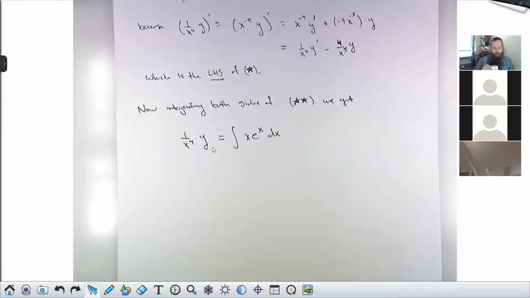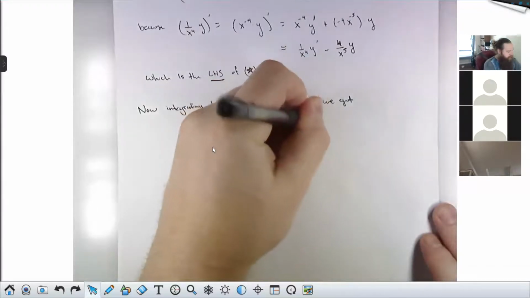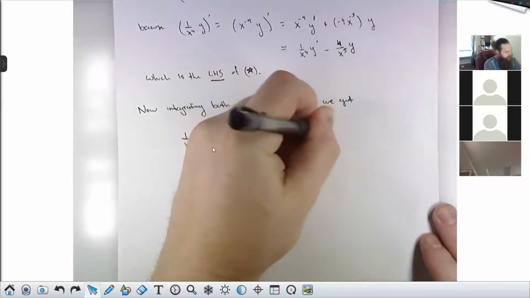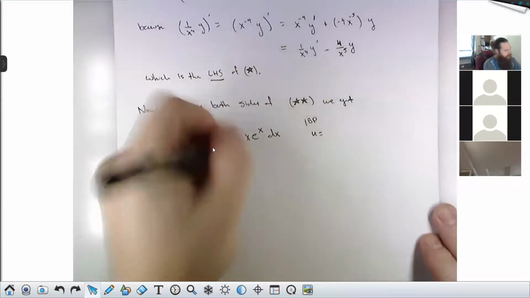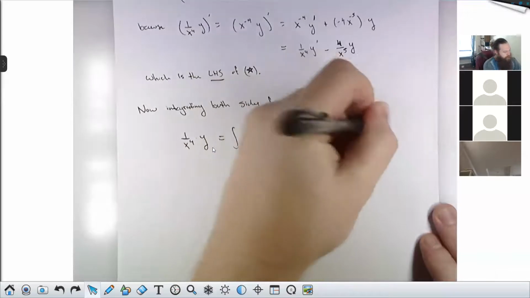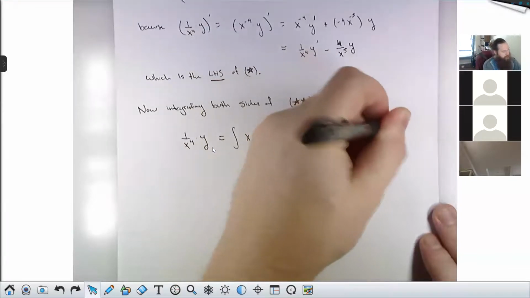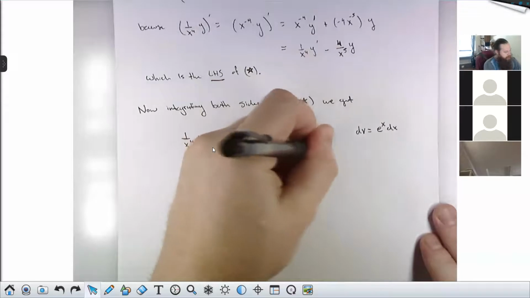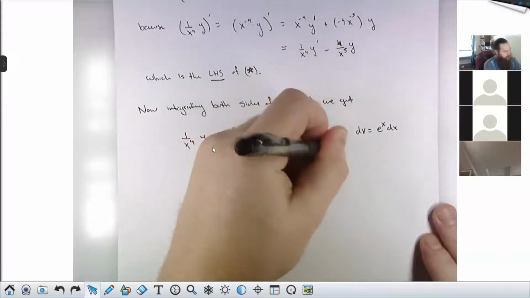How do we integrate x e to the x? Integration by parts. Very good, thank you. Yeah, we do some IBP. u here is going to be x. dv is going to be e to the x dx. du is just 1 dx.